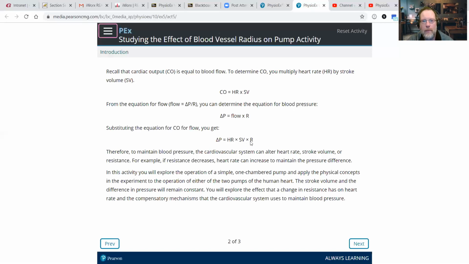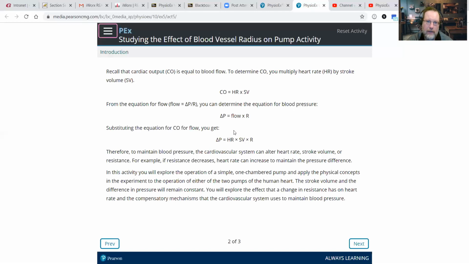So if we increase resistance, but blood pressure has to stay constant, we would have to decrease heart rate. Vice versa, if we decrease resistance, we'd have to increase heart rate to maintain normal blood pressure.